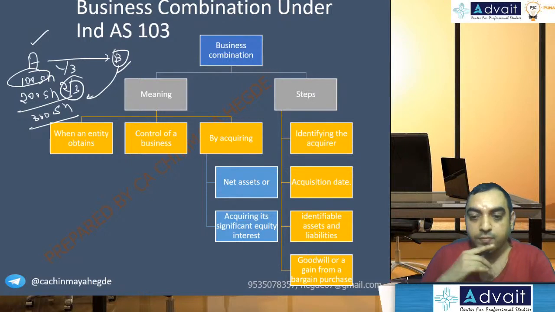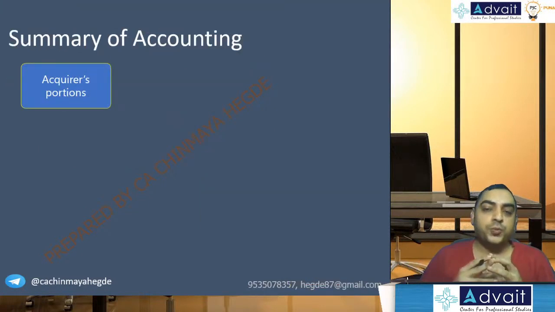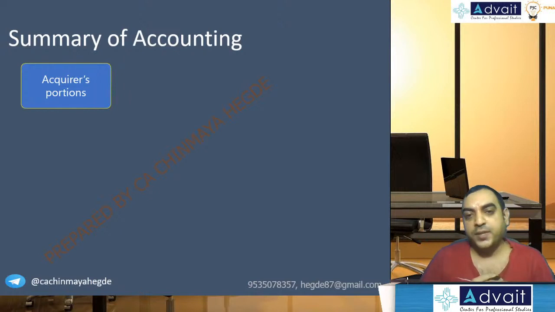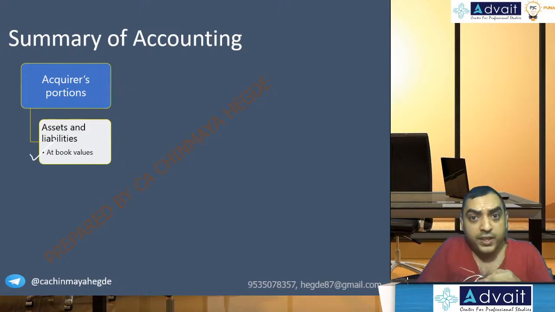Now, while solving the full-fledged problem, what points should be kept in mind? I will give you a quick summary of it. Acquirers are always taken over at book values, because acquirers cannot revalue. If A Limited takes over B Limited, A Limited's book values will remain the same.